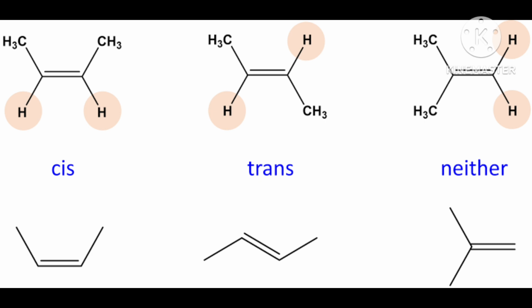So you can easily write these two structures, cis and trans. This is the answer of the first part, the first compound.